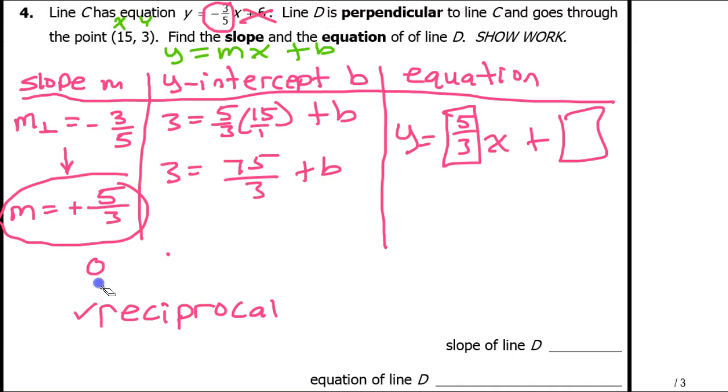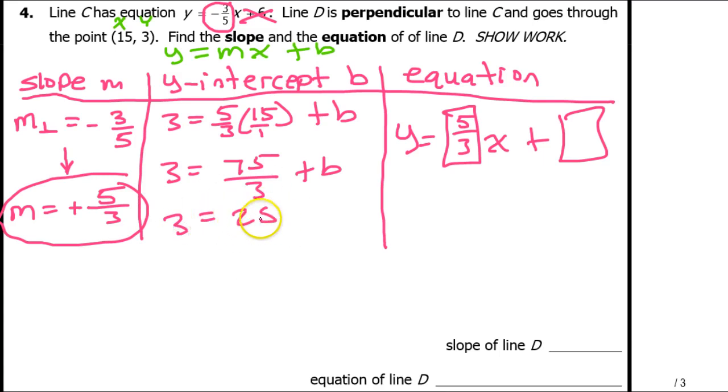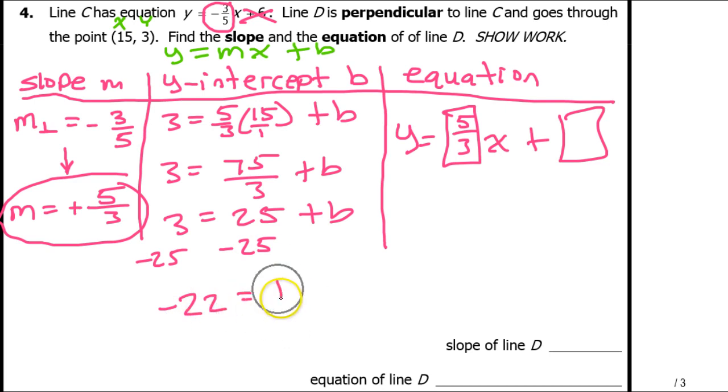Okay, I think these words are going to be in my way, so let me just erase that. So 75 divided by 3 is 25. So this is 25 plus b. So the last step is to subtract 25 from both sides. So that's going to give me -22 is equal to b.